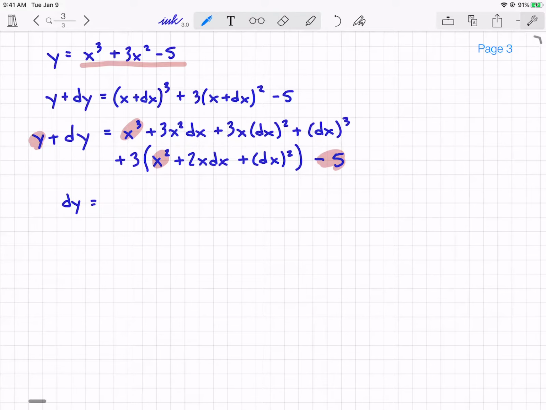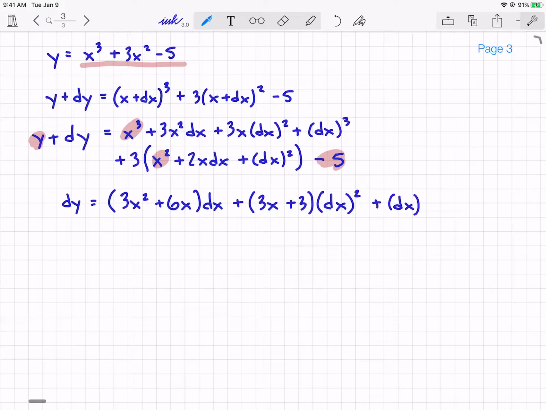So then I've ultimately got dy equals, now I'm going to group things. I've got 3x squared plus 6x, and that is everything that has a dx with it. And then I've got 3x plus 3. That's everything that's got a dx squared. And then I've just got one lonely dx cubed. All of these are what some people will call higher order terms.